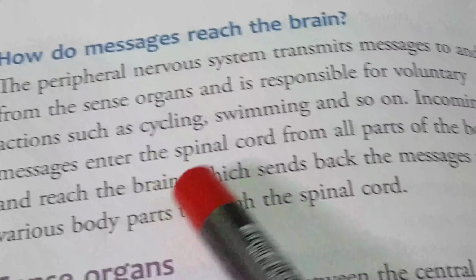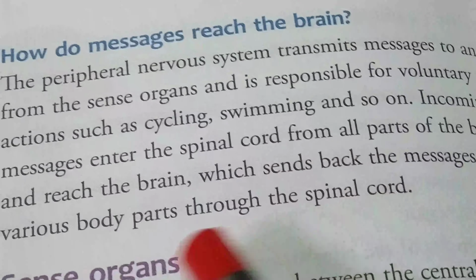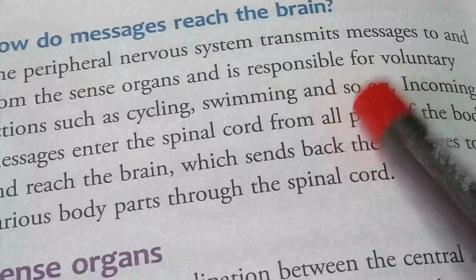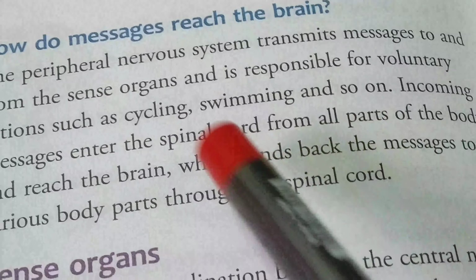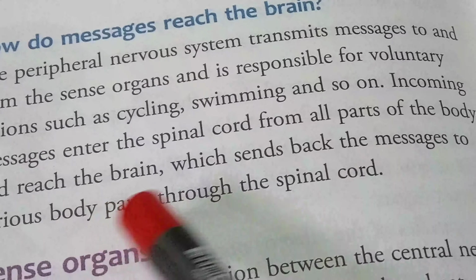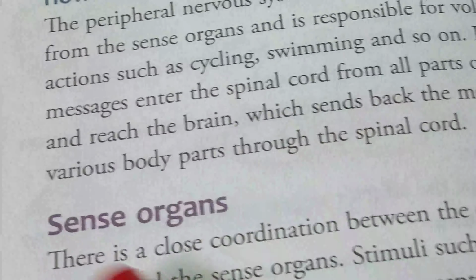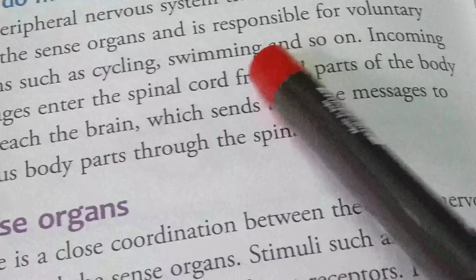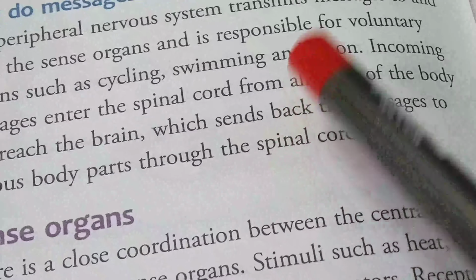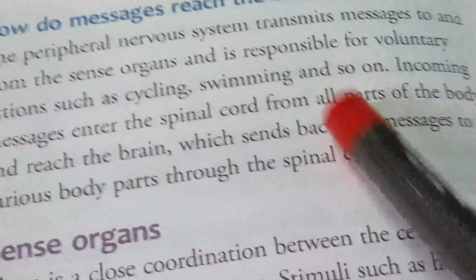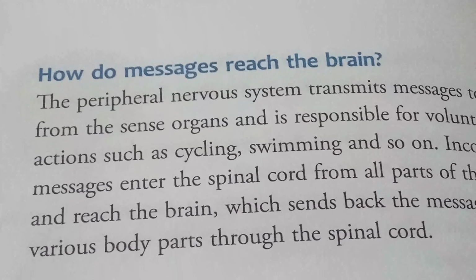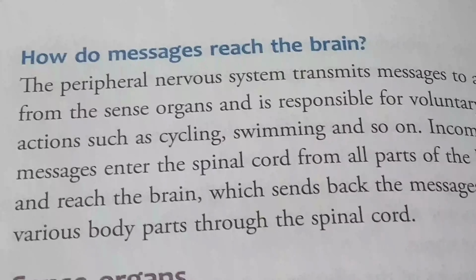Incoming messages enter the spinal cord from all parts of the body and reach the brain, which sends the message back to various body parts through the spinal cord. So again, the brain sends the reflex action message through the spinal cord to all the body parts. That is the pathway of message transmission.